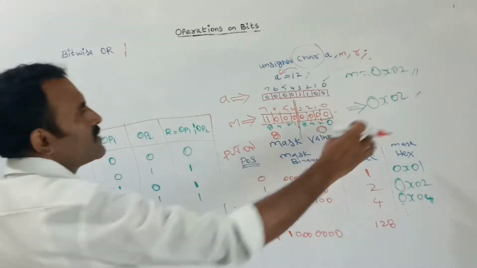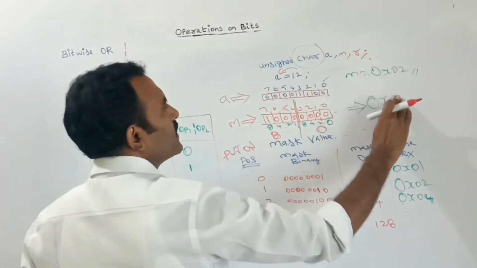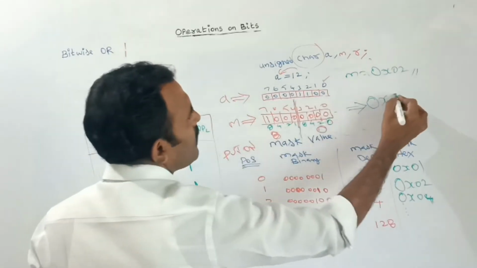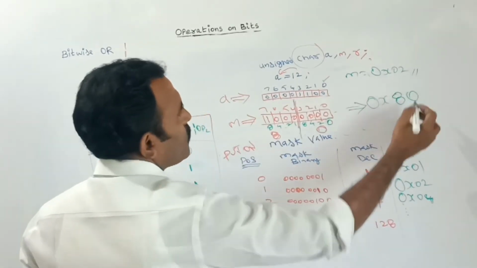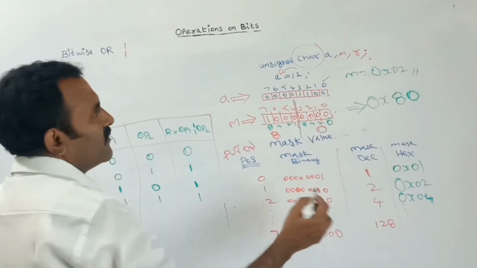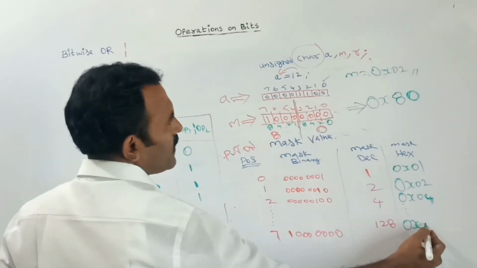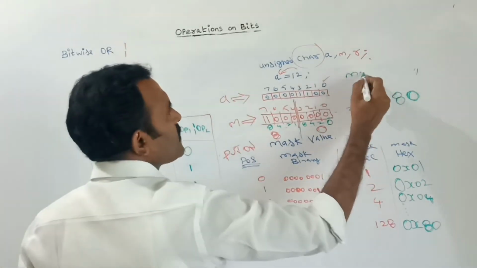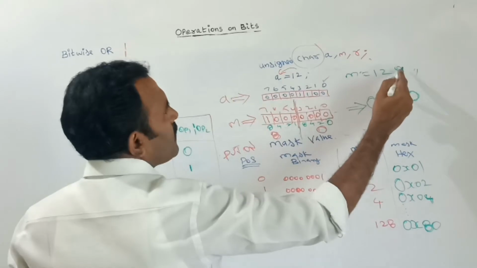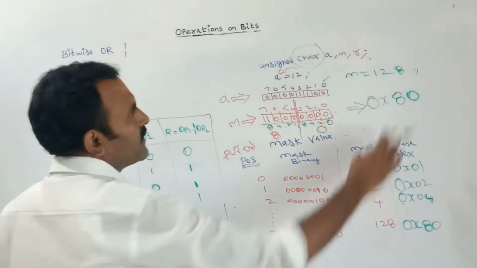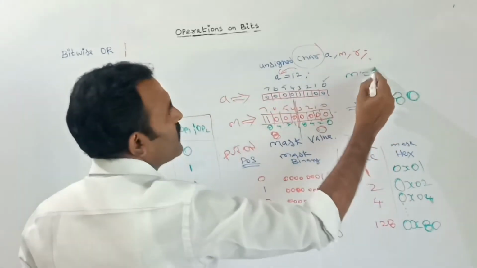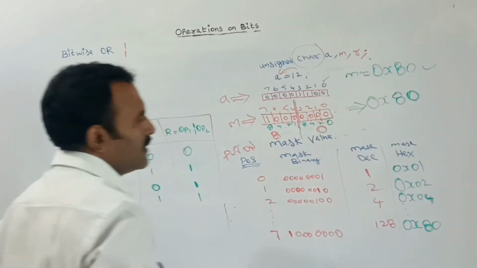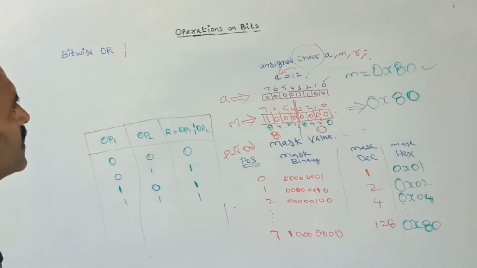While giving the hexadecimal value, you write 0x, next 8 and 0. So we can give the mask value as 128, which is the decimal value, or otherwise the hexadecimal value 0x80. Both are the same.